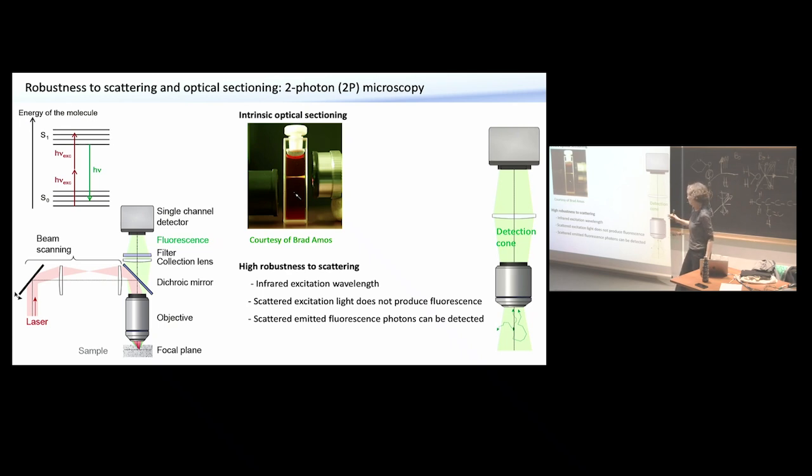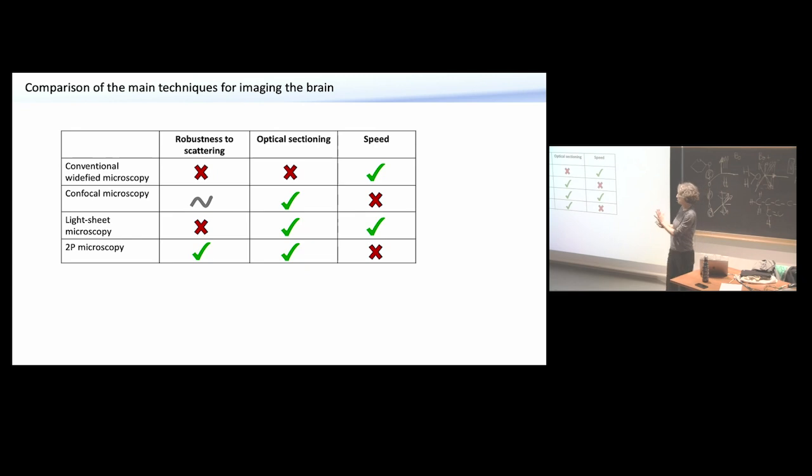Well, okay, just a quick summary of all this. Basically, we can talk more about the two techniques. I'm comparing the 4 techniques that we have, depending on their robustness to scattering, optical sectioning, and speed. I will discuss the 2 techniques that have 2 green dots.